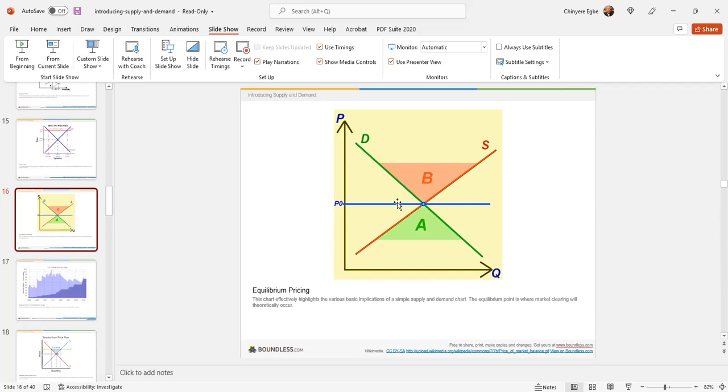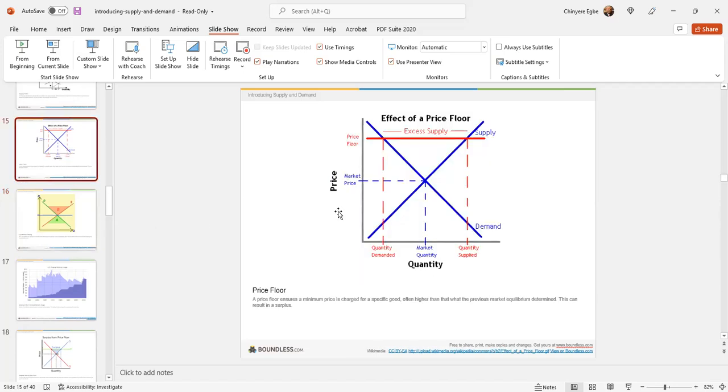Okay, and at this equilibrium price, there is a corresponding equilibrium quantity. All right, and this is what we see here. So you have excess supply, or you have excess demand, and when you get to equilibrium, there's an equilibrium quantity at the blue line here and an equilibrium price.